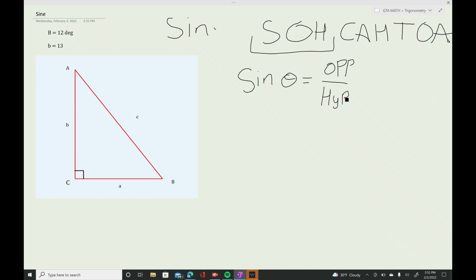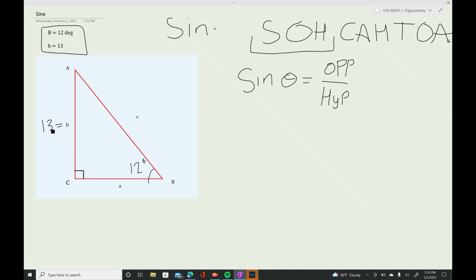We were given up here that B equals 12 degrees. And we also know this B equals 13.